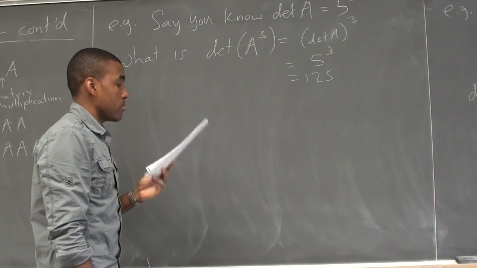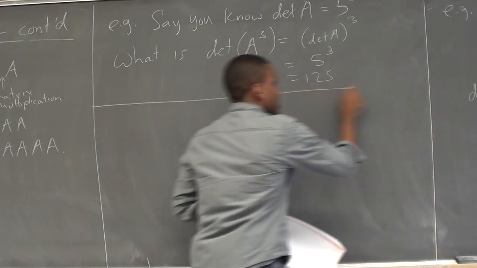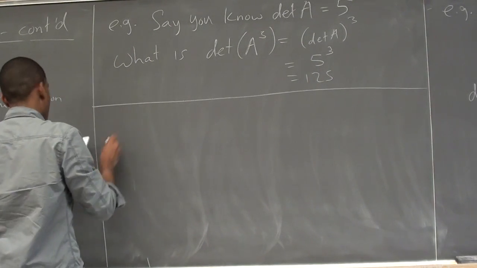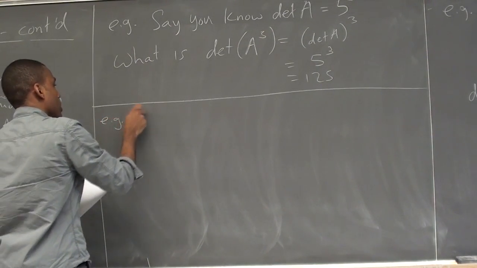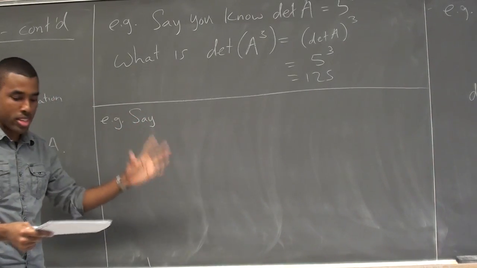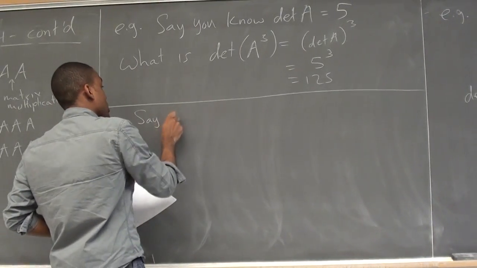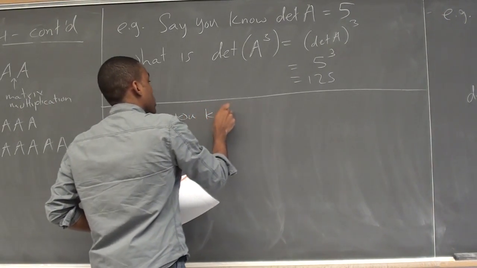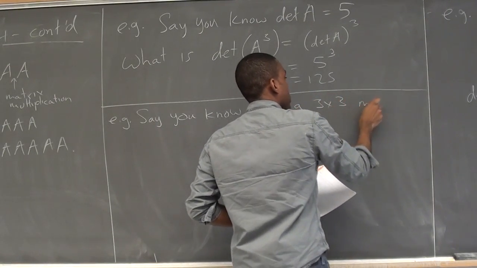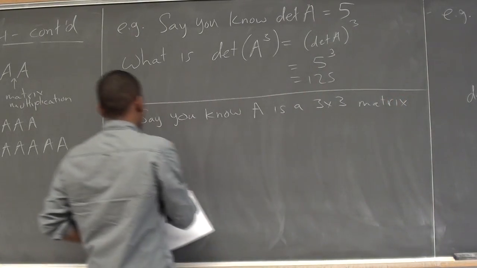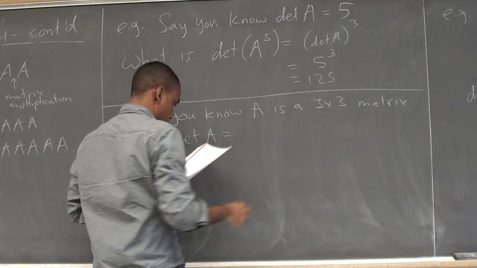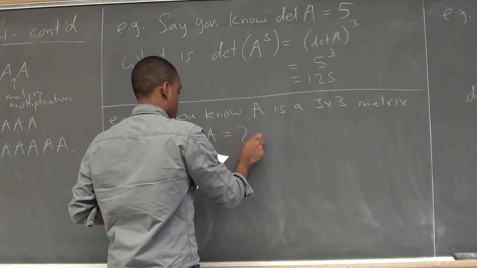Okay, so now here's a problem like what you might see on a final. Except on a final, they'll probably ask you to find the determinant. Here I'm just going to give it. Say you know A is a 3 by 3 matrix with determinant of A equal to 2.